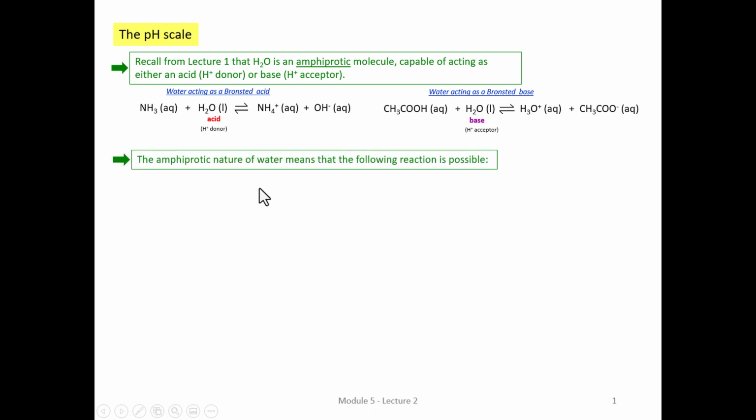The amphiprotic nature of water means that the following reaction is possible. One water molecule could react with another water molecule, and if one of them acts as an H plus donor and the other as an H plus acceptor, you would end up with a hydronium ion and a hydroxide ion from these two water molecules.